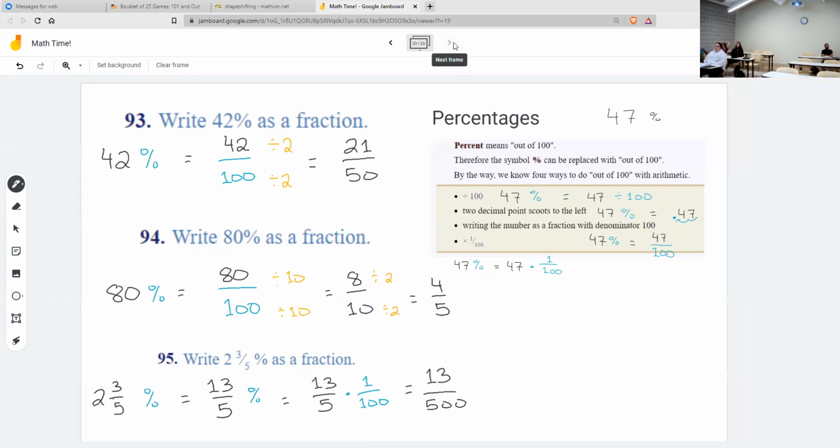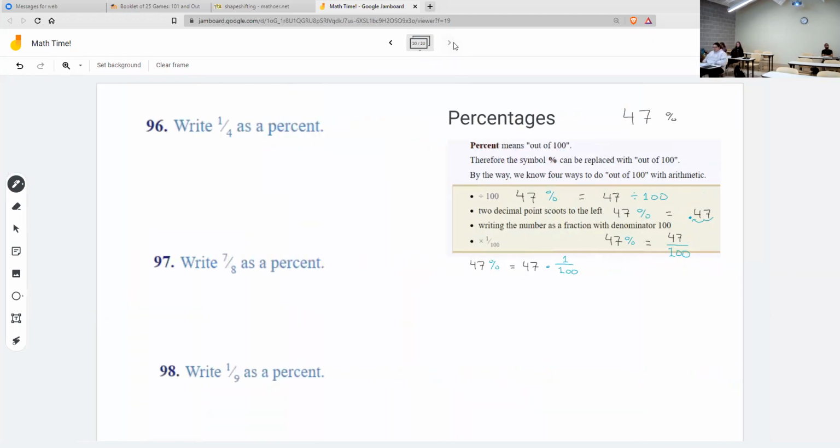Okay, last slide. We're almost done. How do I turn a fraction into a percent? The answer to this is we're going to use our calculators. If I have my 1/4, how do I turn that into a decimal with a calculator? I go top divided by bottom.